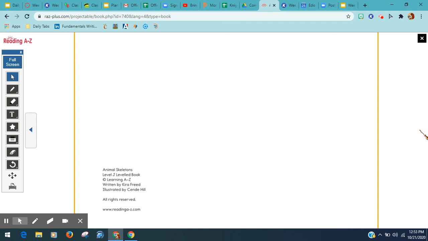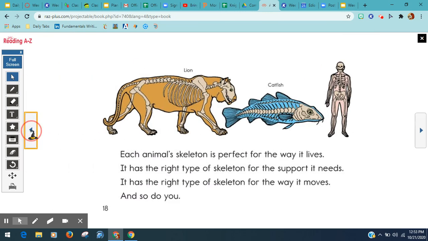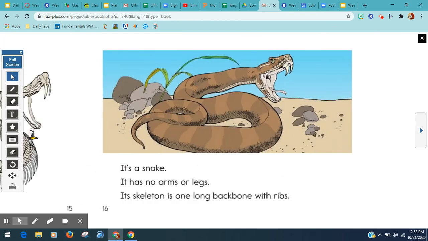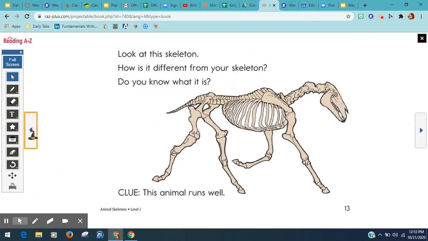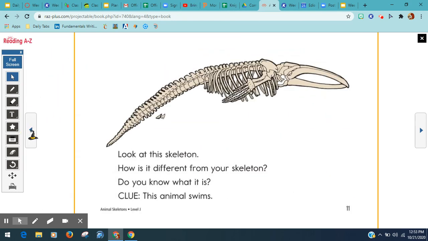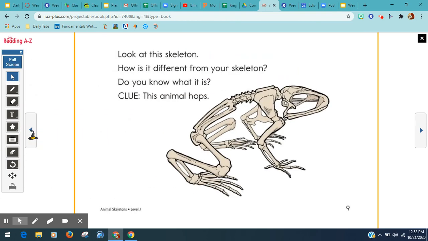All right, now I want to go back to the horse and frog skeletons. So I'm going to flip back. We're going to start with the frog since it came first. And let's look at this skeleton. I notice it has 4 legs, 1, 2, 3, 4, but its back legs are extra, extra long.